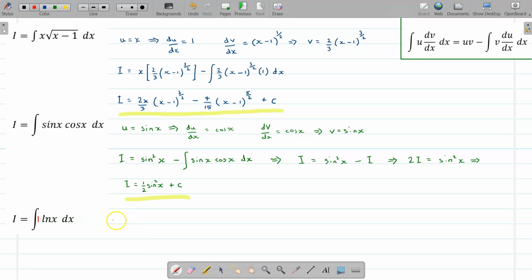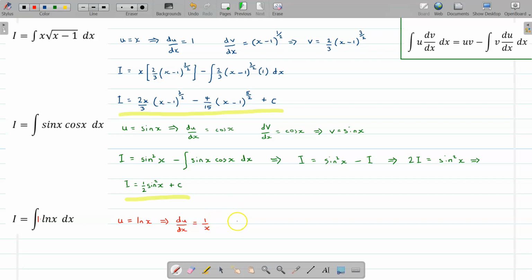And then we do this. We say let u equal log x, because that's the one we're going to differentiate. Okay, so if u is log x, then du by dx is just going to be 1 over x. That's the first thing that we do.